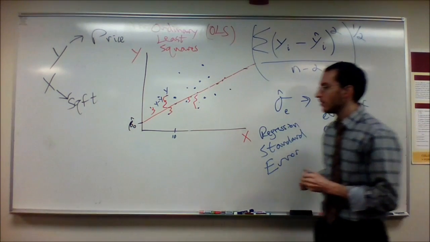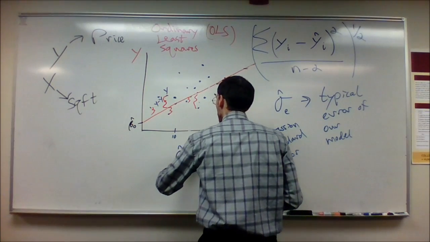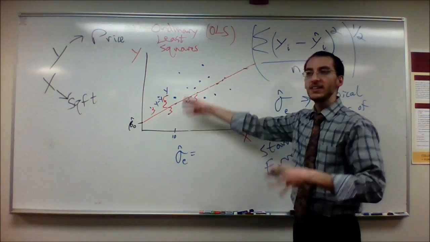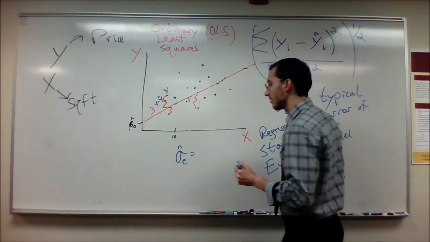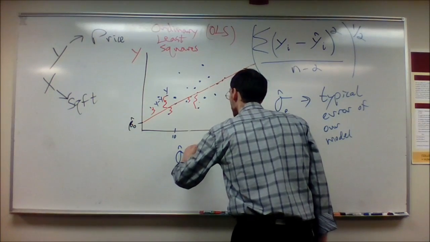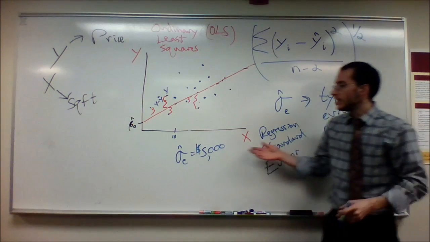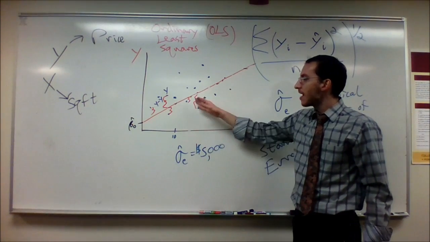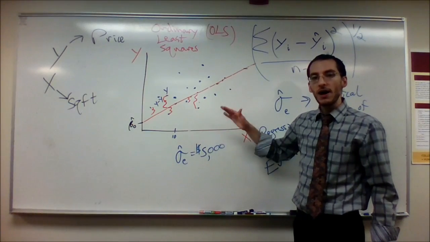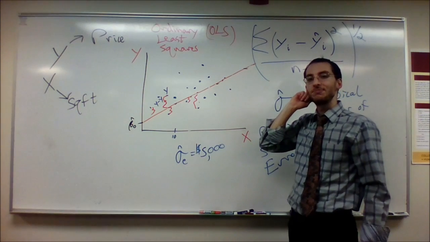So for example, if I just say that the residual standard error for this fake situation with housing data is, say, $5,000. What that's telling me is that my model, on average, is about $5,000 off when it tries to predict each of these data points.